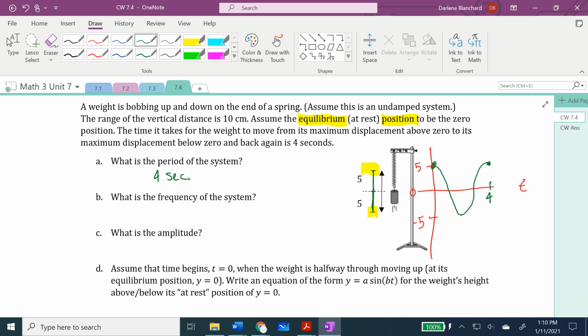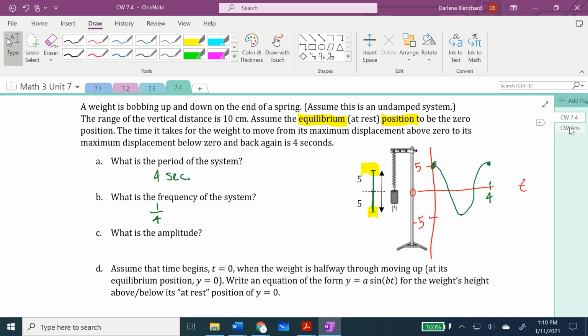What is the frequency? 1/4. And basically that's telling me that in 1 unit of time, in 1 second, I will only be going through a quarter of the cycle. And that's what the frequency is explaining.